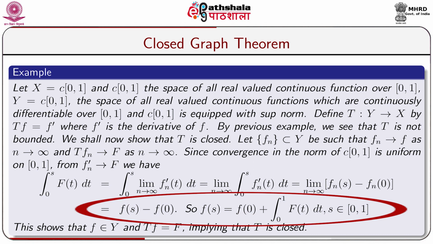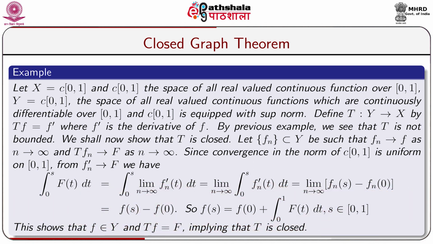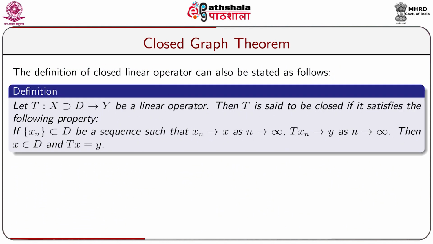So small f(s) is equal to f(0) plus the integral from 0 to s of F(t) dt, where s is taken from the closed interval [0,1]. This shows that f belongs to capital Y and Tf is equal to capital F, implying that capital T is closed.